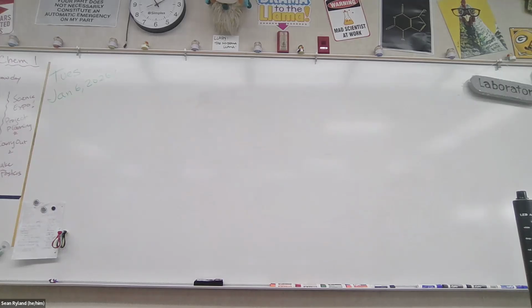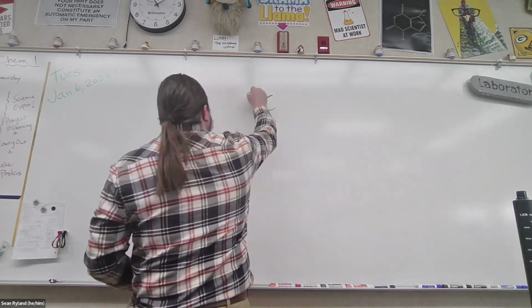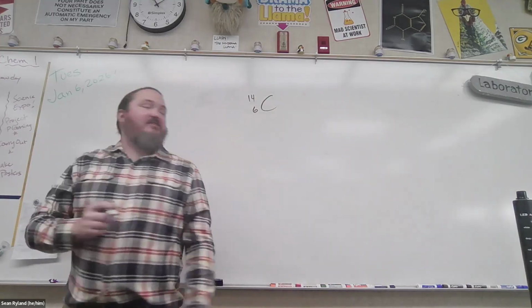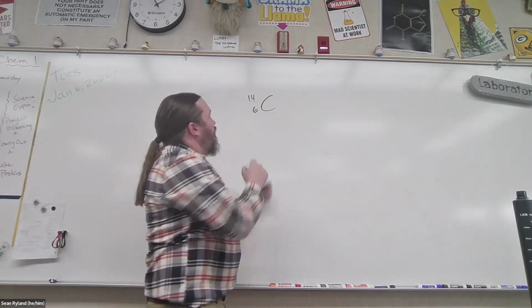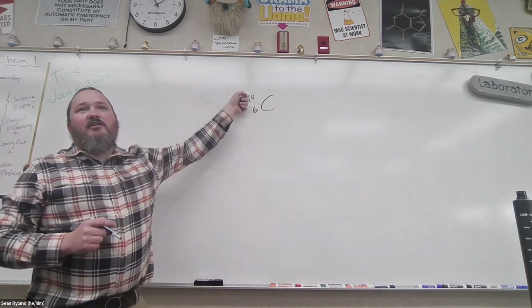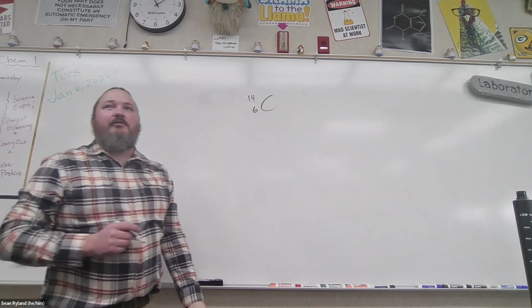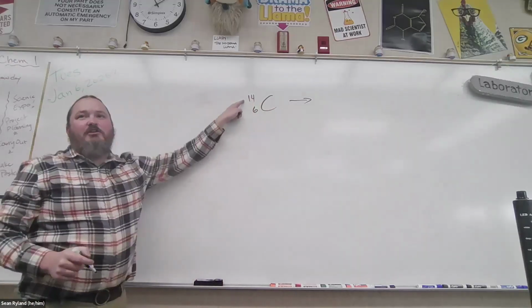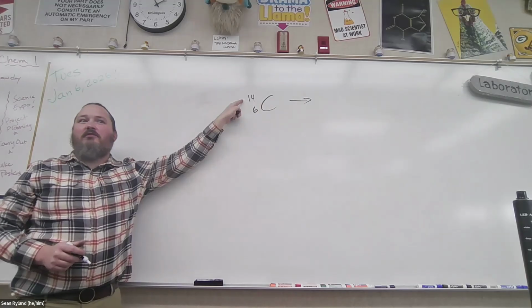So basically what happens is if you start with carbon, it is carbon 14. Basically it starts with 6 protons because it's carbon. Basically, one of those neutrons can turn into a proton. If you took one of those neutrons and you turned it into a proton, it's not carbon anymore, right?